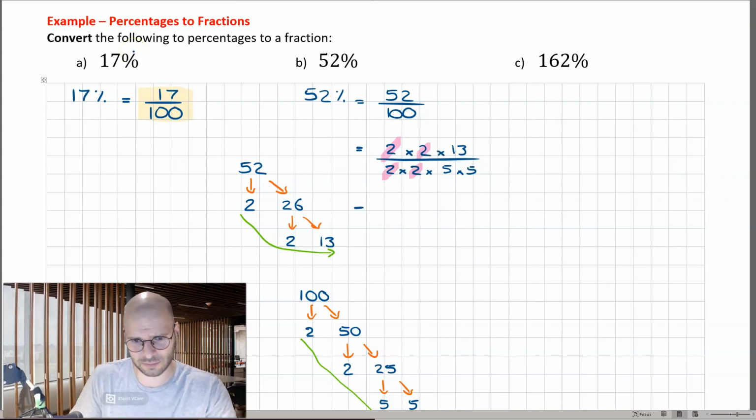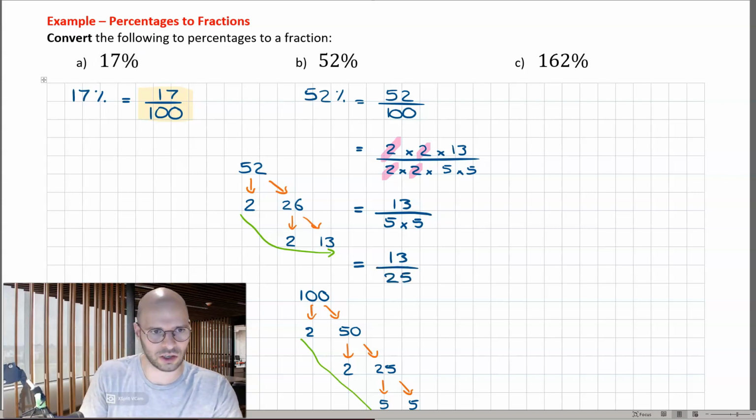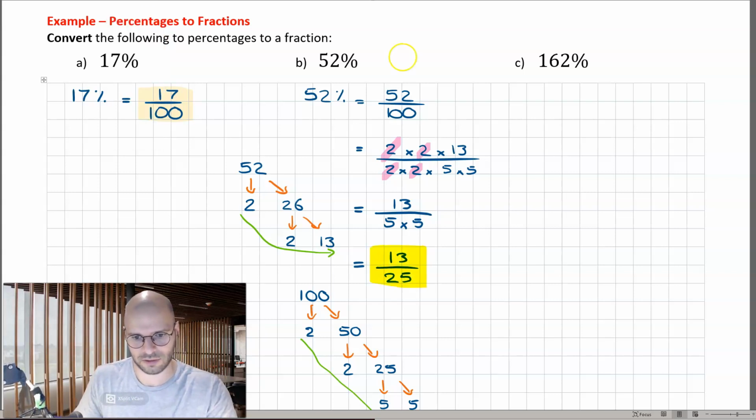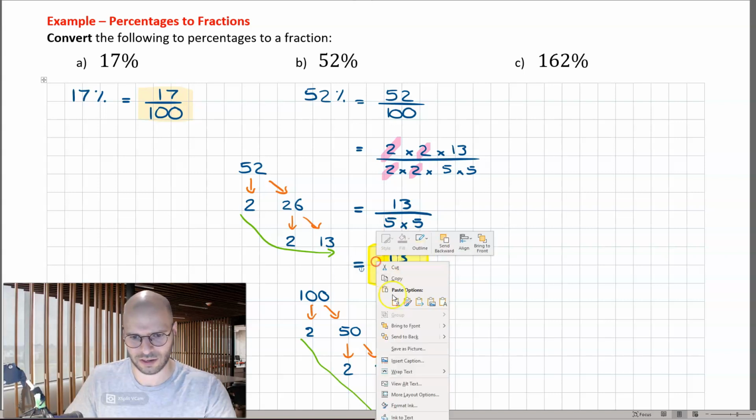Consequently, this is going to turn into 13 over 5 by 5. And 13 over 5 by 5 is the same as saying 13 over 25. So, in summary, we find our fraction: 52% is the same as writing 13 over 25.